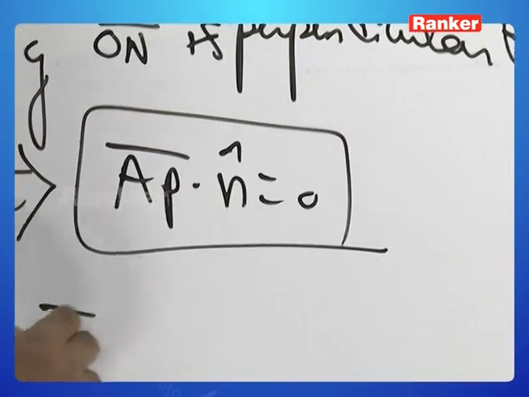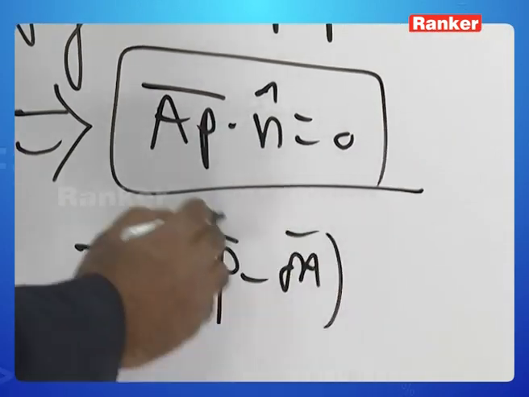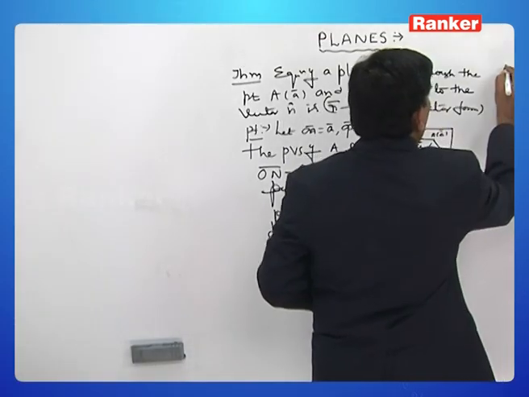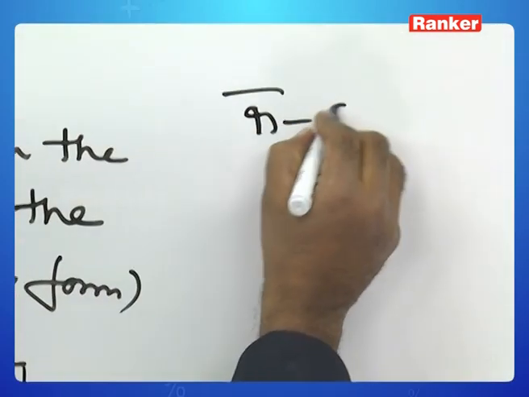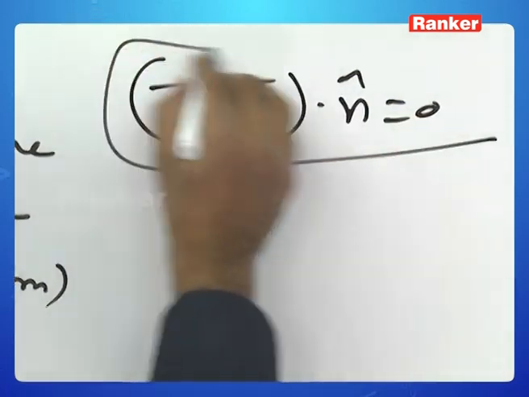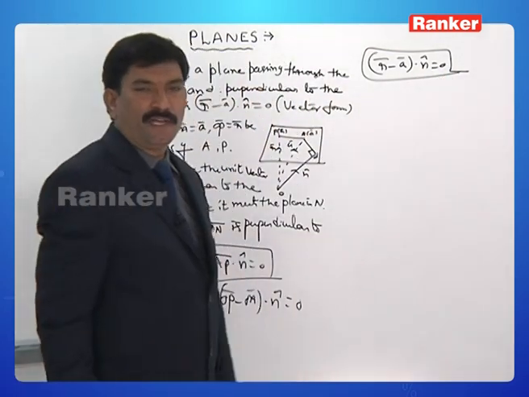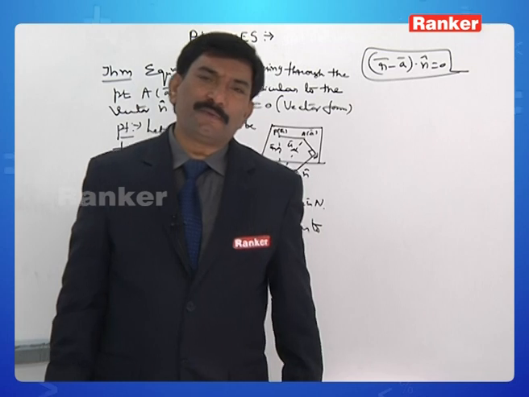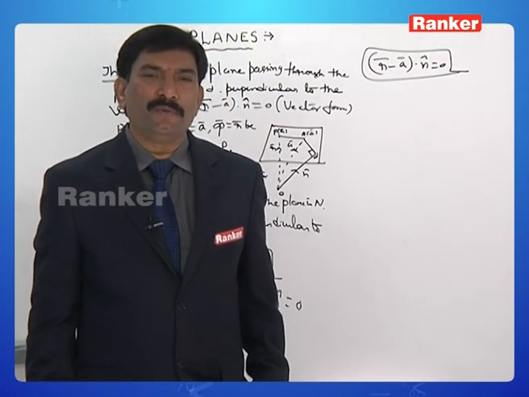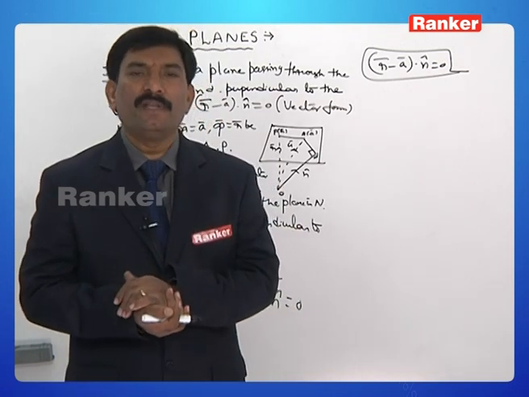So therefore, which implies OP minus OA dot n cap is equal to 0. So therefore, I can write OP is nothing but r bar, this is a bar, dot n cap is equal to 0. So therefore, this is the vector equation of a plane passing through the point a bar and perpendicular to the unit vector n cap.